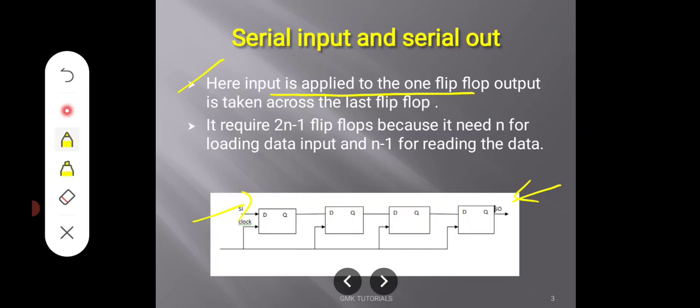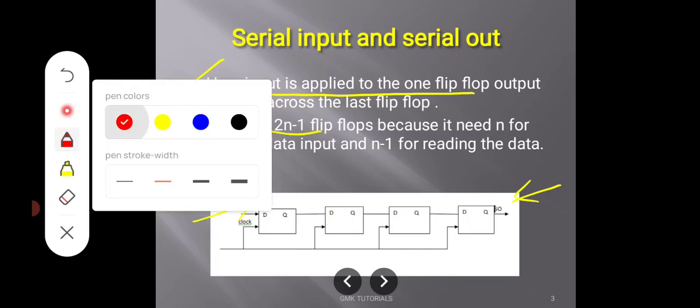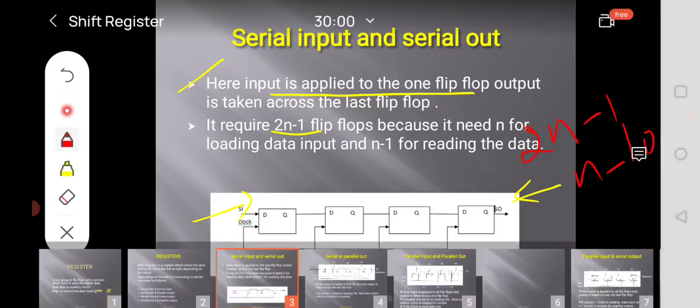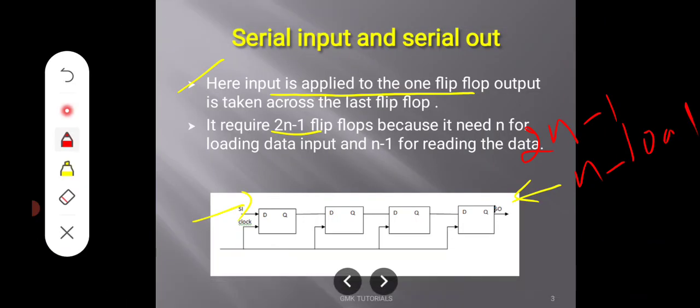If you want to store the data in all flip-flops, it requires n clock cycles to store the data inside the flip-flops, and n-1 clock cycles are required to read the data from the register. Therefore, the total number of clock pulses in serial input and serial output is 2n-1: n for loading and n-1 for reading.